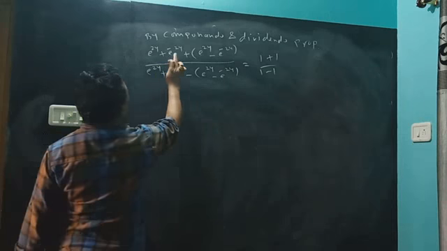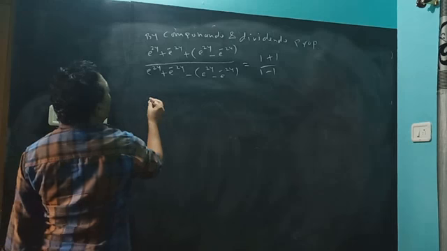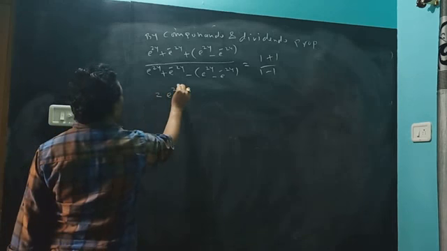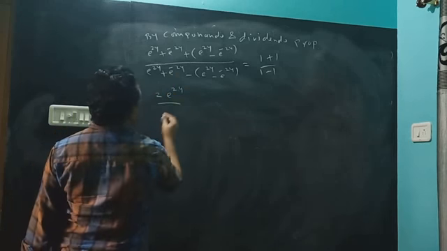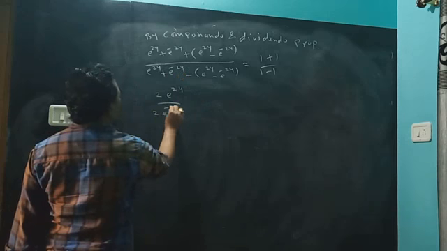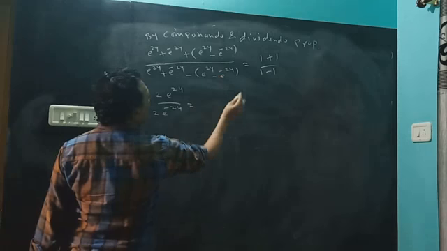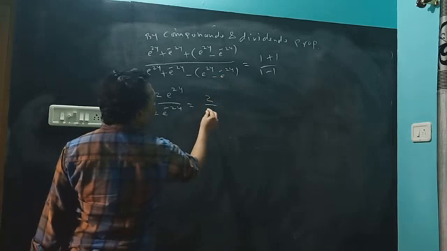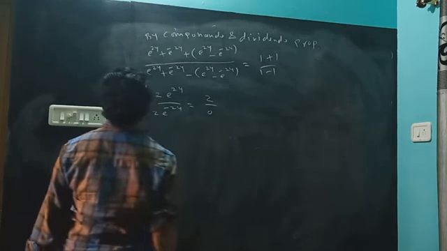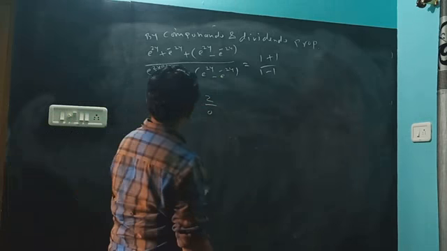So what is here? This cancels, e raised to power 2y plus e raised to power 2y is 2 times e raised to power 2y. In subtraction this cancels, then 2 times e raised to power minus 2y. The 2s cancel.